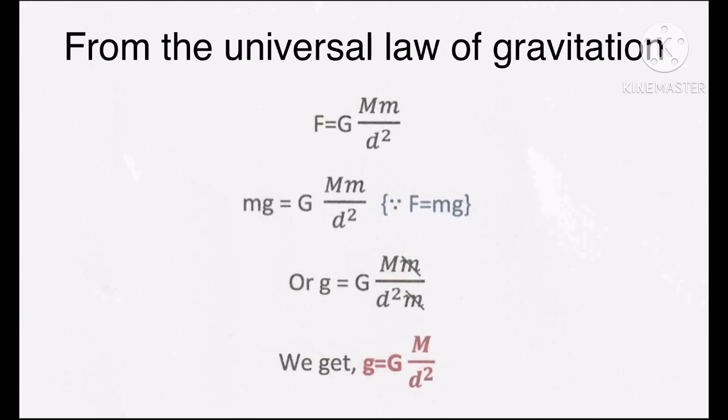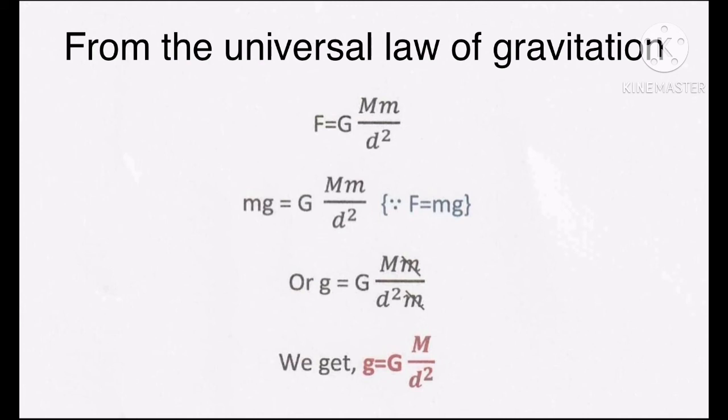From the universal law of gravitation, we know that force equals G into M m by d square. Substitute the value of F here, that is m into g equals G into M m by d square, or we can write g equals G into M m by d square into m.